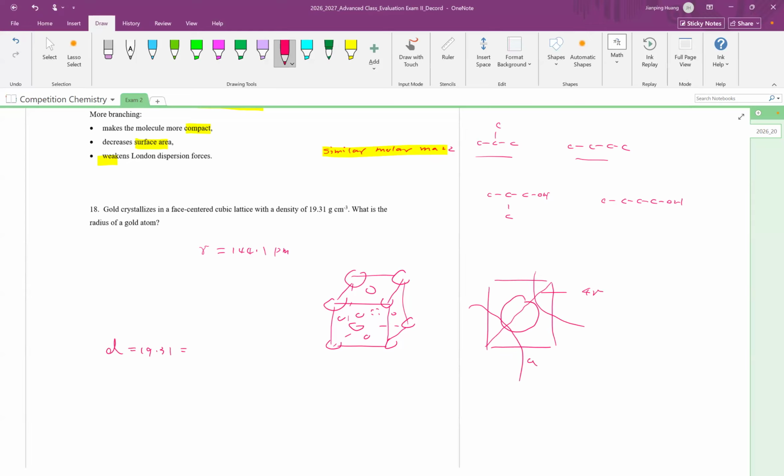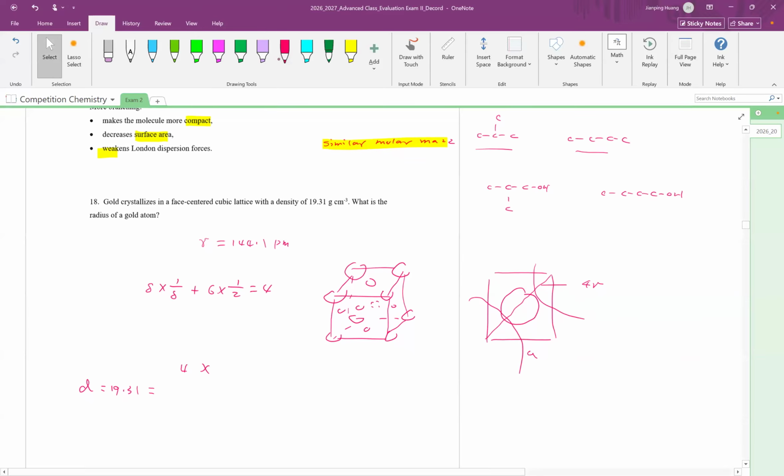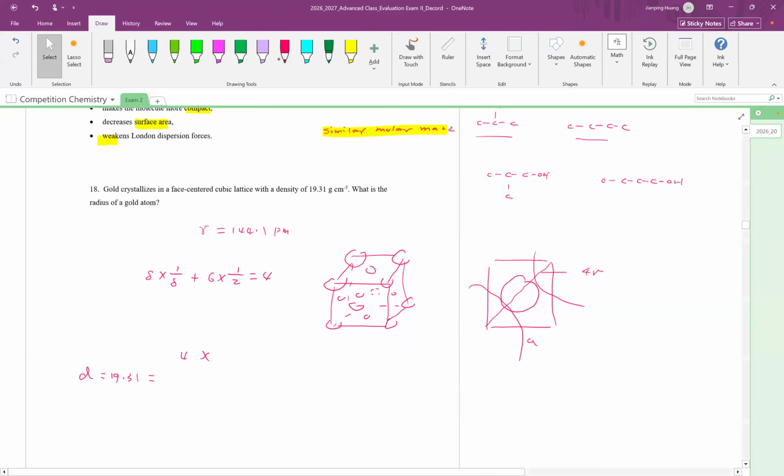The density 19.32 equals what? You have a 4. Let me write this down here, okay? D is 19.32. You have a 4. Why is it a 4? 8 corners times 1/8, 6 faces times 1/2. That's the 4. So you get a 4. Then you find the molar mass. What's the gold molar mass?